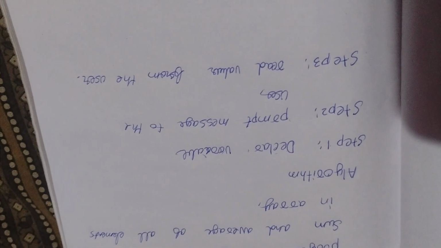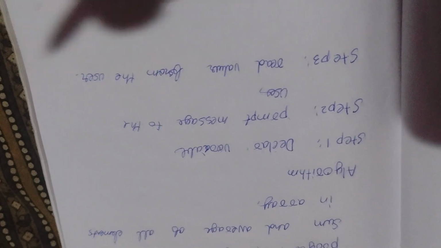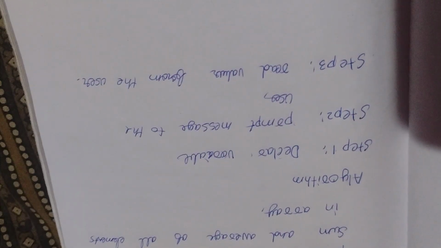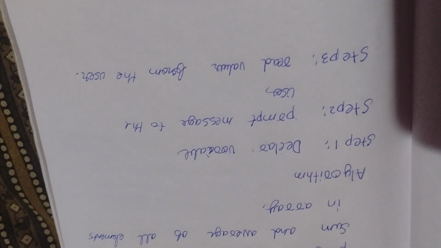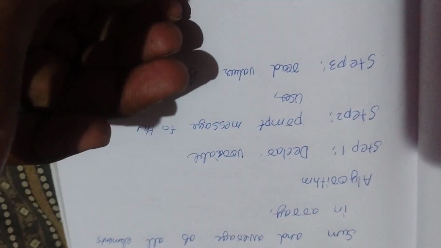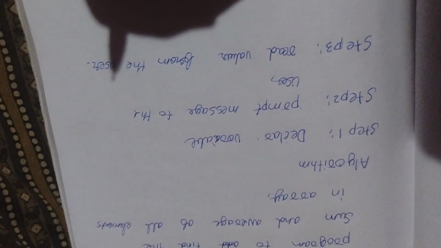If the user enters the value, we need to read the value and store it in the variable we declared. So this is how step 1, step 2, step 3 works. Now the user has entered the number of elements and we store it in a variable. In the next step, we are going to create an array variable.